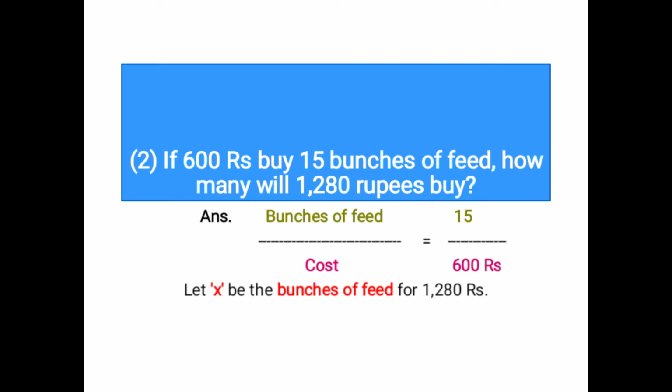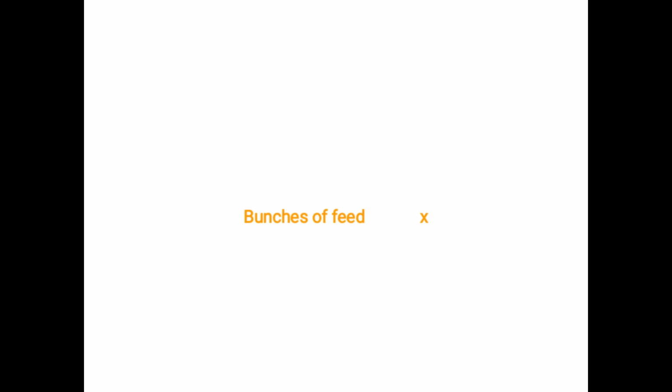Bunches of feed for 1280 rupees, which you have taken as X, you have to write in the second ratio form. So again you have to arrange bunches of feed is X upon cost is 1280 rupees. The second ratio you also have to write the same way as the first ratio.